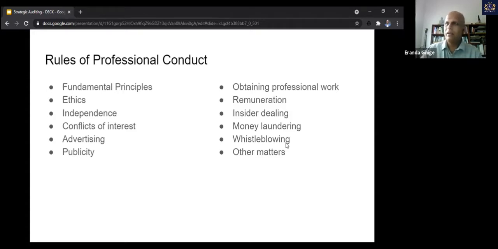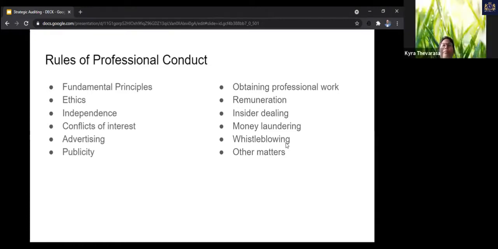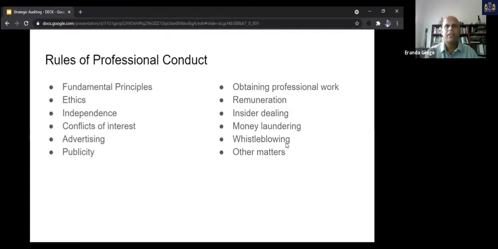So an auditor is in a very unusual position of how to do that. Just by having knowledge of accounts, just by being chartered accountants, is not enough to be an auditor. So that's why a large part of being an auditor is to do with the professional conduct.